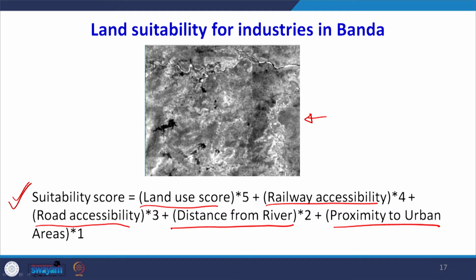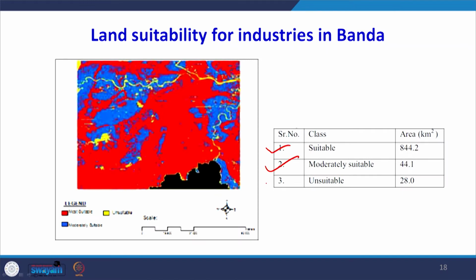The suitable score has been derived using land use, railway accessibility, road accessibility, distance from the river, proximity to urban area, and then when you combine together you carry out further classification of the suitable area into suitable, moderately suitable and unsuitable area. So, this is the categorization on the basis of the ranking weighted score which you get, and you can find out which are the best areas, which are the moderately suitable area and which are not suitable at all.